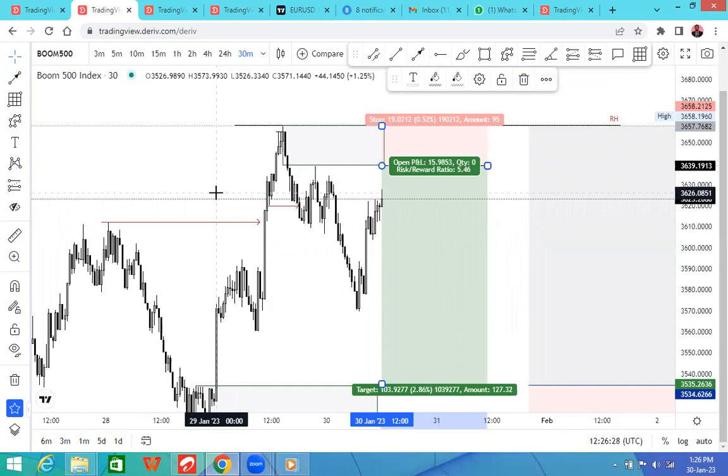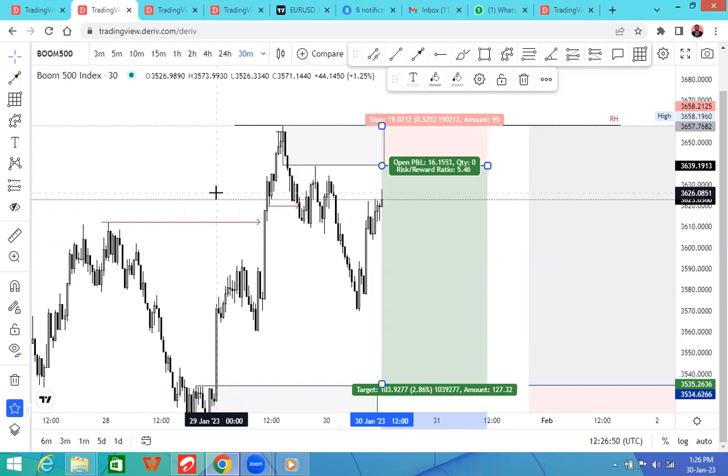So let's say $15 divided by 19 pips. It gives you 0.7. Okay, sorry, I'm multiplying. So it's 0.07.